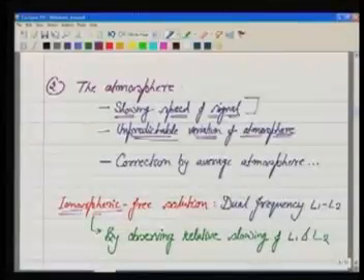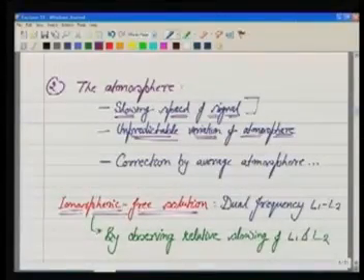Now, there is one important way of getting away with this ionosphere delay, which we say ionospheric free solution, because we use dual frequency. If you recall, in our GPS, we have dual frequency. Dual frequency means we are using L1 and L2.